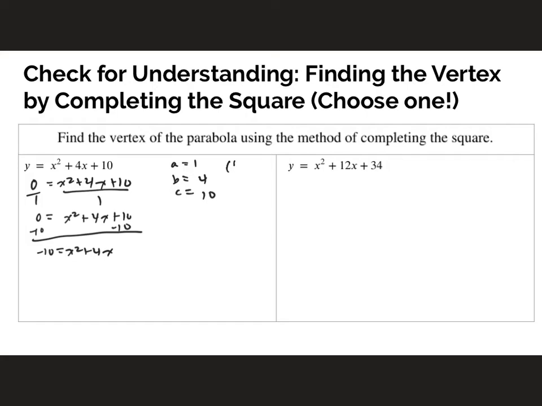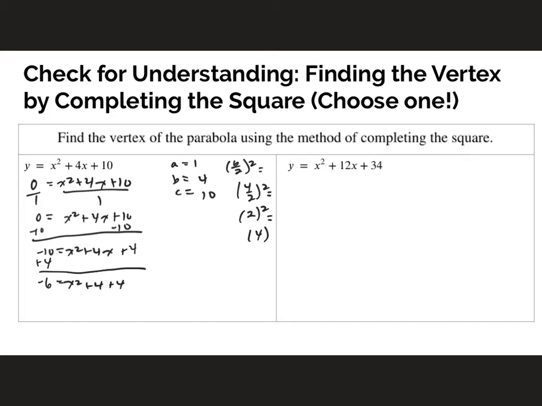I complete the square by doing (b over 2) squared, which is (4 over 2) squared, which is 2 squared, which we know is 4. So I'm going to add that value, 4, on both sides of my equation to keep it balanced. And so I end up with negative 6 equals x squared plus 4x plus 4.